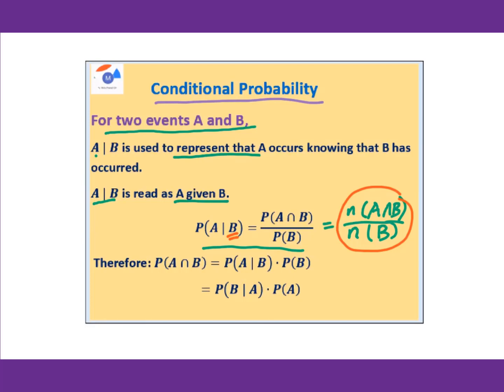In other words, you are looking for A and B, then over B. This bar we can count as a division line. Therefore, we can get the probability of A and B equals probability of A given B times the probability of B. Or you can write it this way.